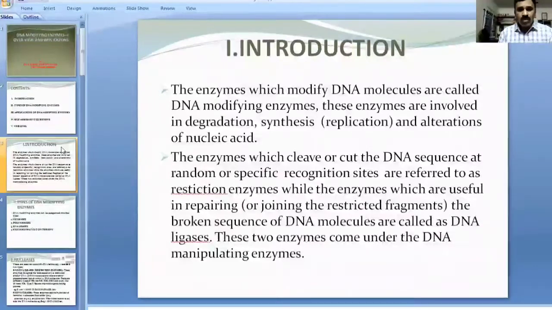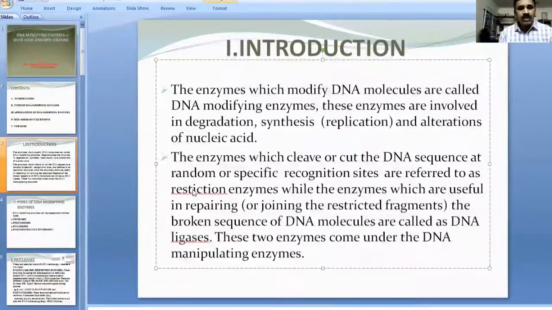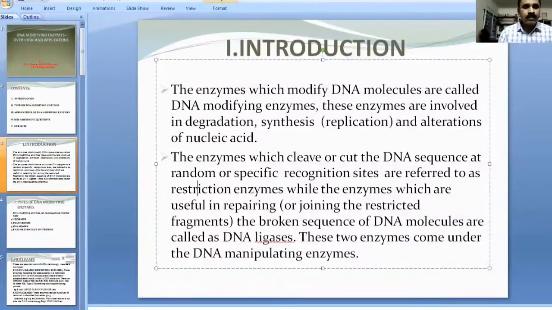So these two enzymes, the restriction enzymes and the DNA ligases, are both called manipulating enzymes. Of course, these are part and parcel of the DNA modifying enzymes.